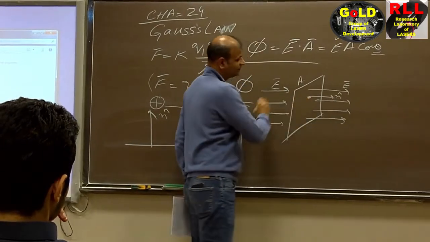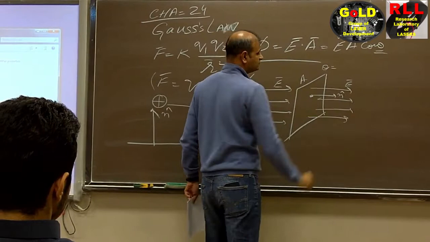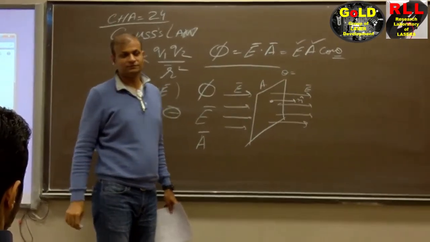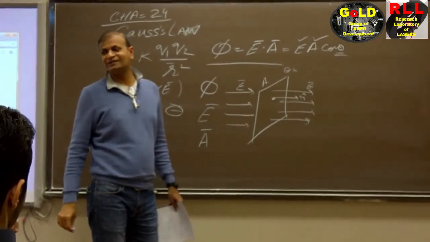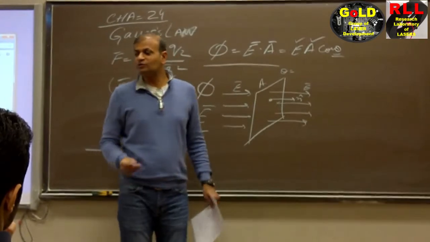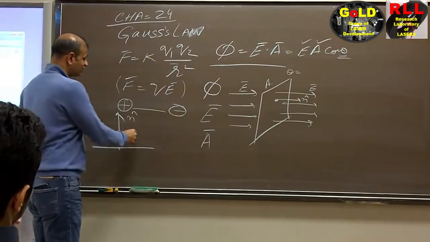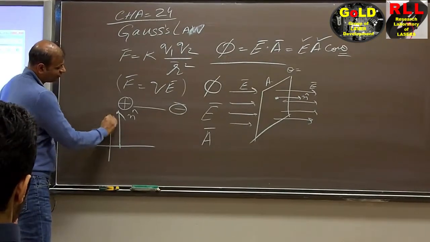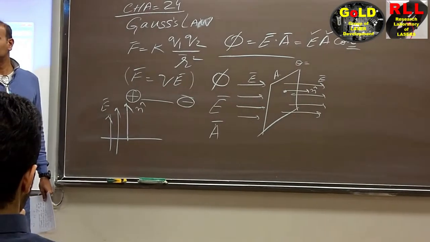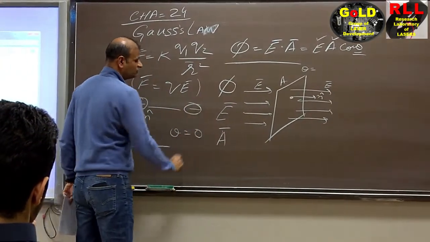In this case, what is the value of theta? Zero. There is a normal to the area and the electric field. If this is a normal, the electric field is also in this direction, so theta is 0.